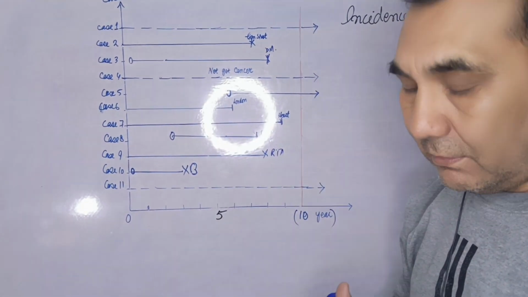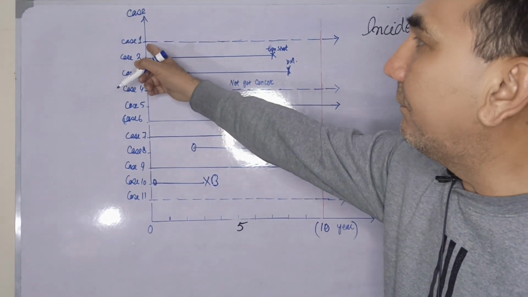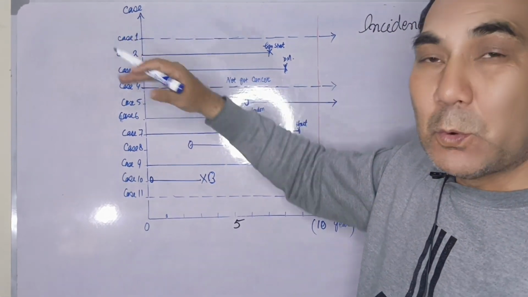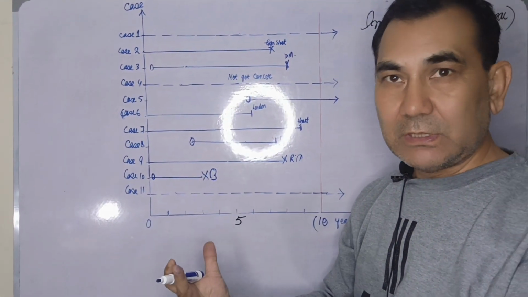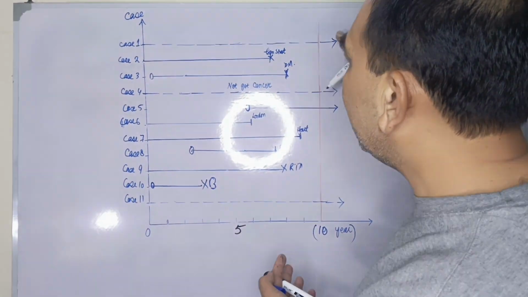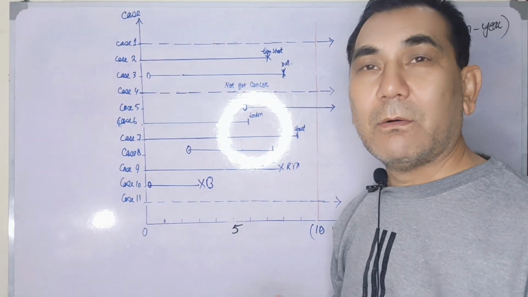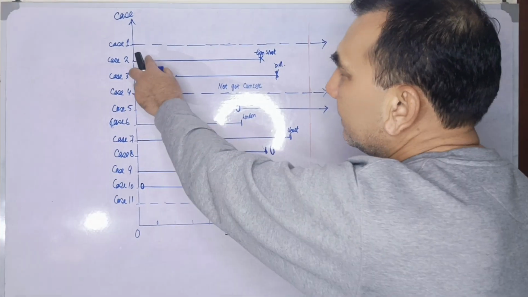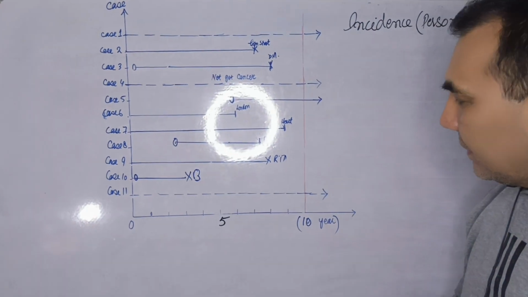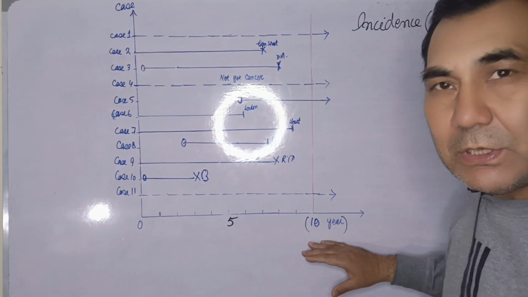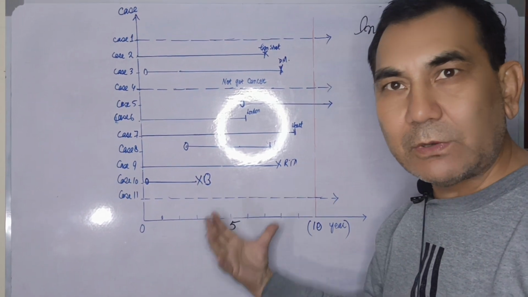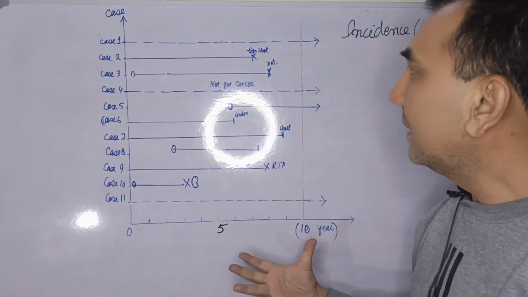Let's take the example of the first case. The first case, which is exposed to the exposure, remained at risk during the whole 10-year period of the study, the time period used to calculate the incidence person-years.